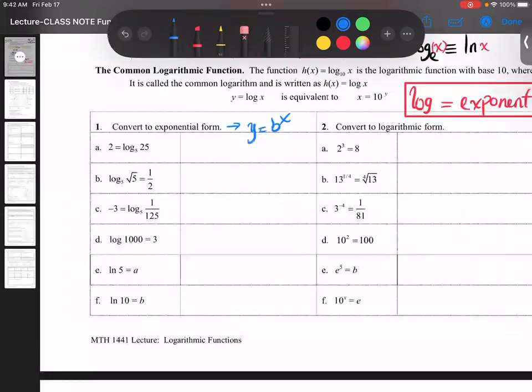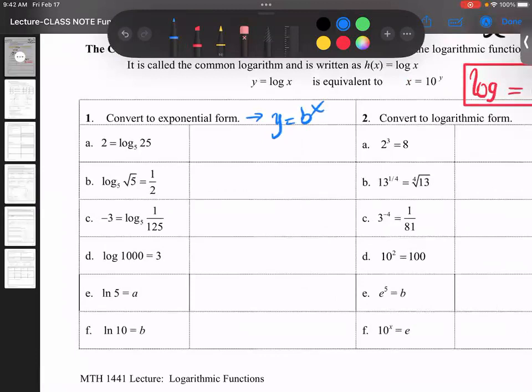If you look, it's log base 5, right? So the base is going to be 5. Remember what I say: log equals exponent. So 2 is the exponent. The only thing you have left is 25. 5 squared equals 25. Makes sense.